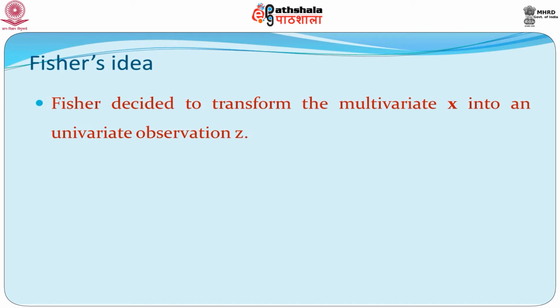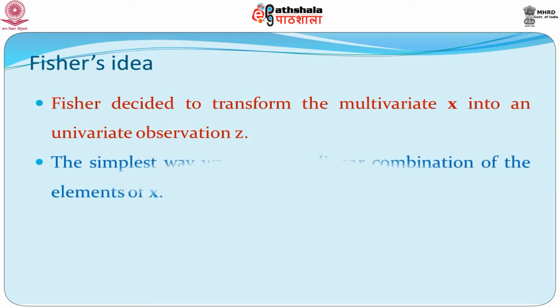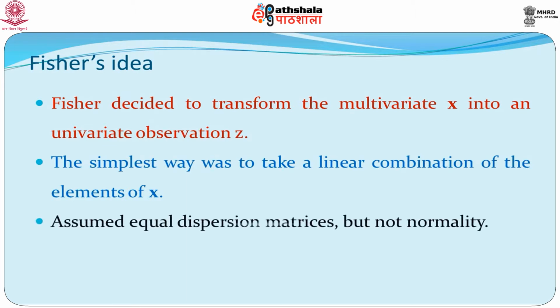So, he had a multivariate set of observations of dimension m and he wanted to make a linear combination of this into a single variable. As is obvious, the simplest way is to take a linear combination of the elements of x. However, he assumed that x has the same dispersion matrix, even if they are not normal, they have equal variances. And Fisher's method actually led to the linear discriminant function.